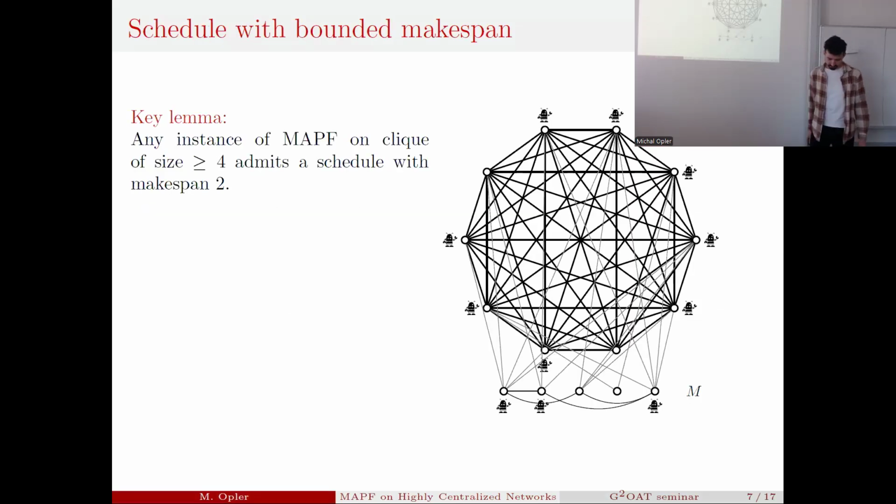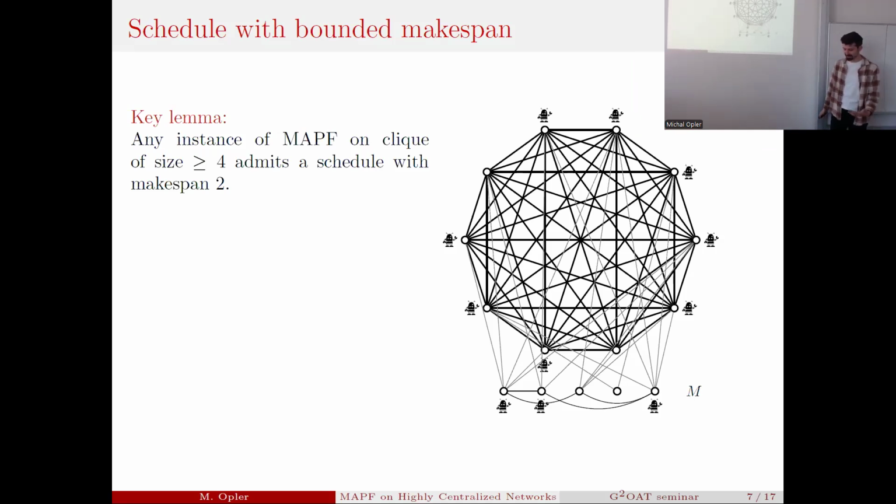Okay. So how do we do that? Well, a key observation, it takes a little bit of time proving, is that if we have any instance of this multi-agent path finding on a clique, just on a clique, no modulator, and the clique has at least 4 vertices, then there exists a non-colliding schedule with makespan 2. If we had not forbidden the swaps, then there is always a schedule of makespan 1.